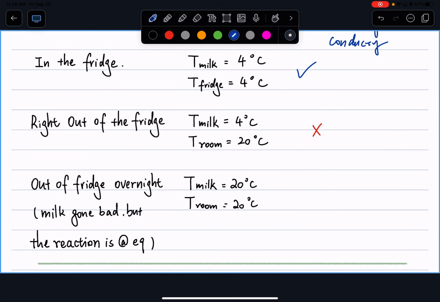If we put that milk outside, you can imagine that milk can go bad, but let's not worry about that part. So now the temperatures are the same inside and outside the box. So do we have equilibrium? Right. So, straightforward enough.